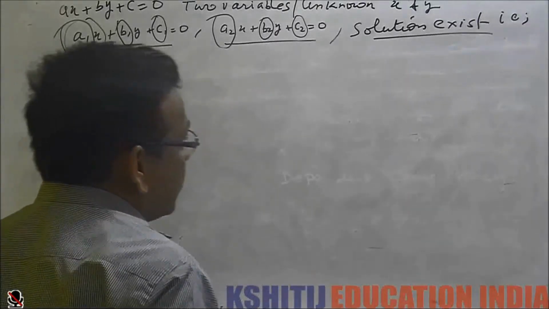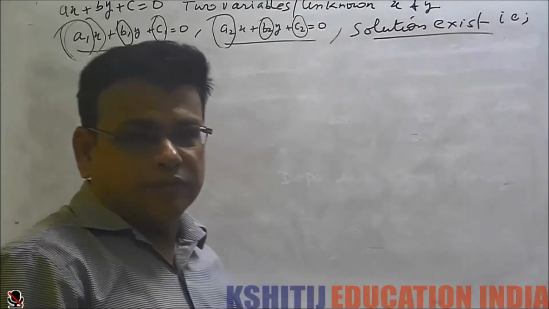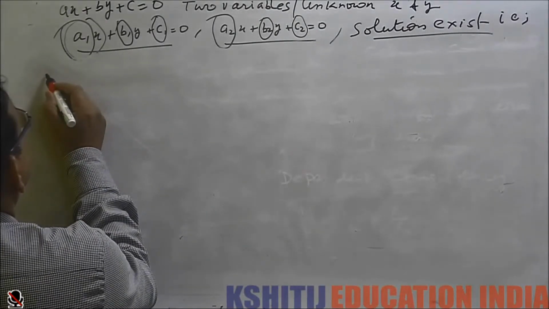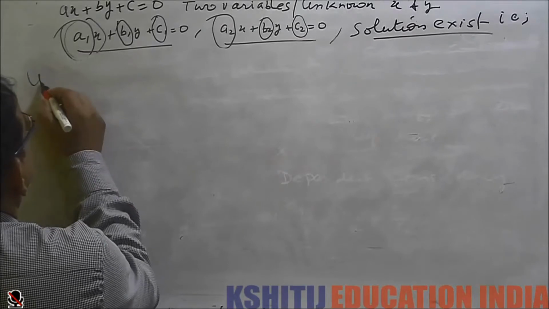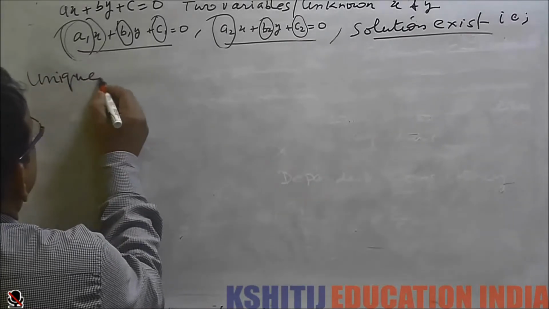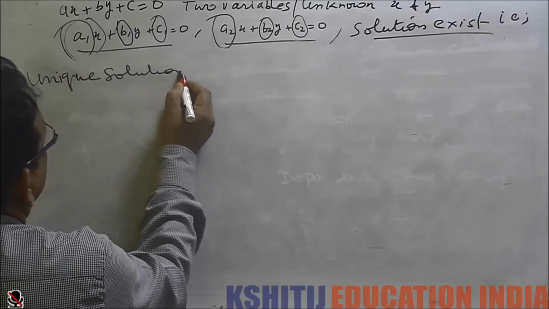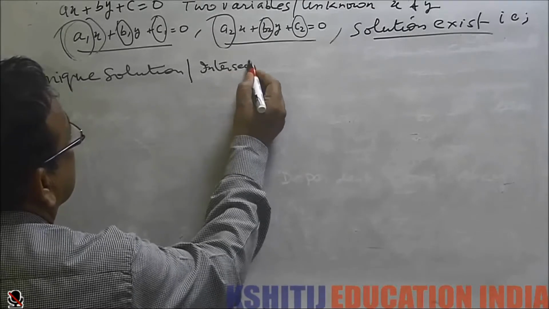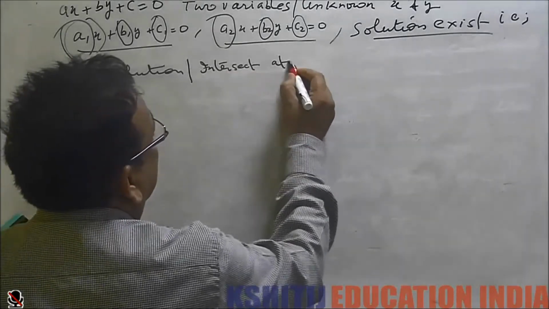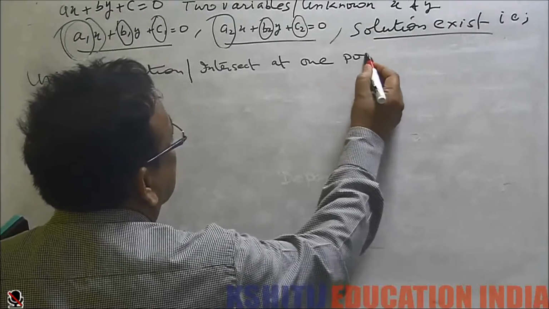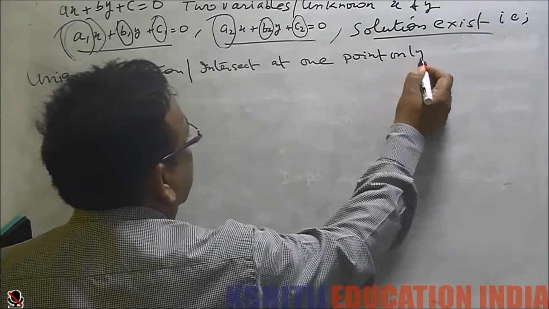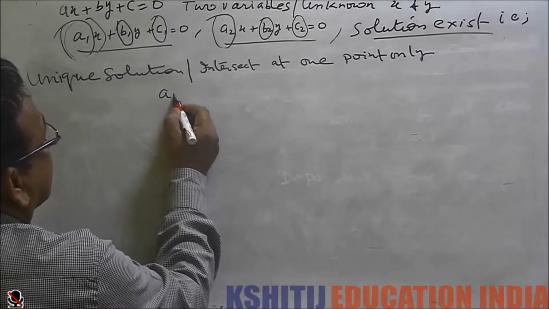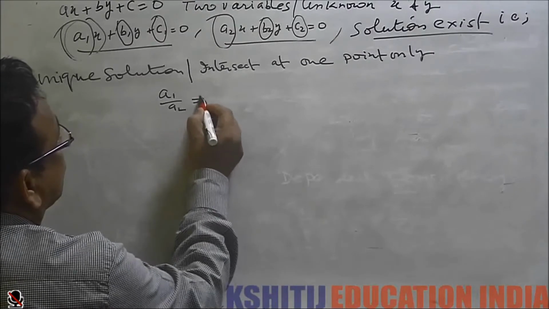Now finally we can sum up the things. Unique solution: the lines intersect at only one point, one point only in the graph, and the condition is a1 over a2 should not be equal to b1 over b2.